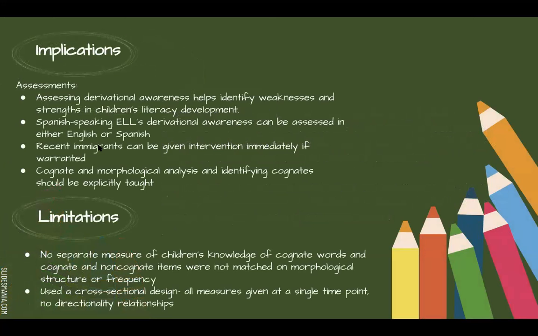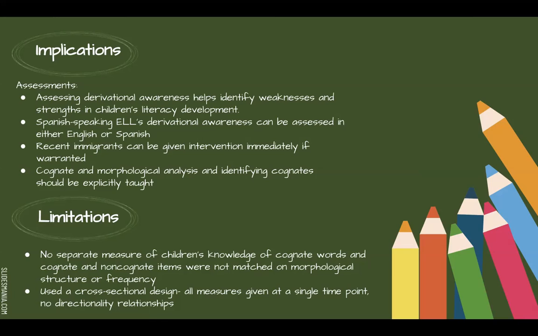The implications of this study. The implications are very important for the assessments that they used. Assessing derivational awareness will help identify weaknesses and strengths in children's literacy development. Now we know that Spanish-speaking ELLs' derivational awareness can be assessed in English or in Spanish, and that when we have recent immigrants, we can be giving them intervention immediately if warranted based on these assessments.